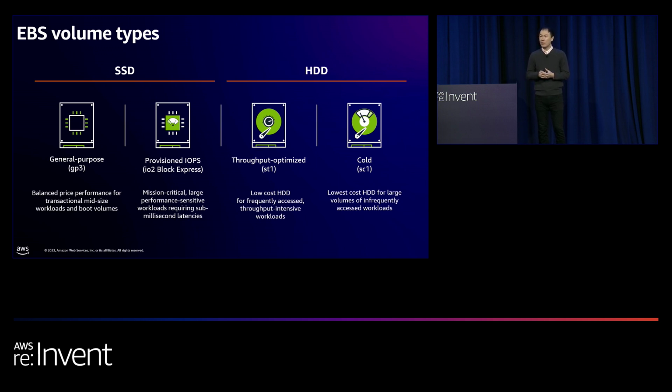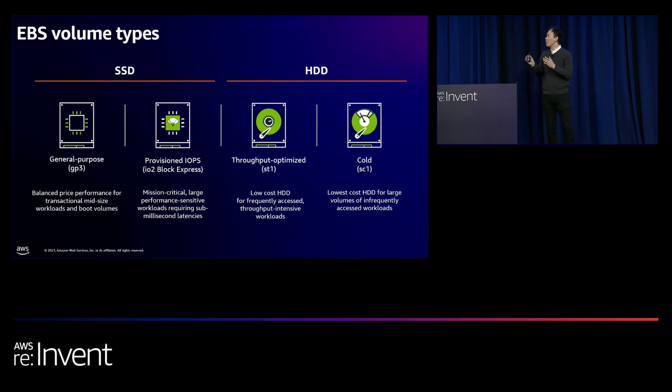We also have provisioned IOPS category, represented by IO2 Block Express. This is for your most mission-critical, performance-sensitive workloads. And on the right-hand side, you can see we have HDD products, ST1 and SC1. These offerings are lower cost and provide support for more throughput-focused workloads or less frequently accessed workloads.